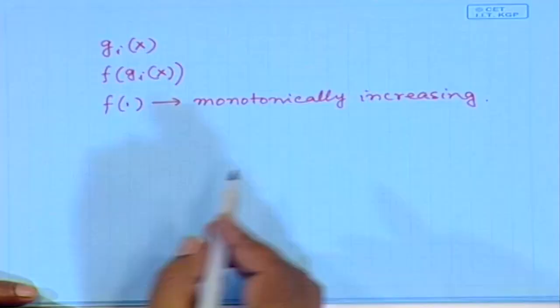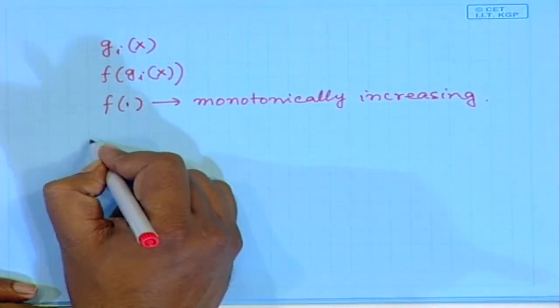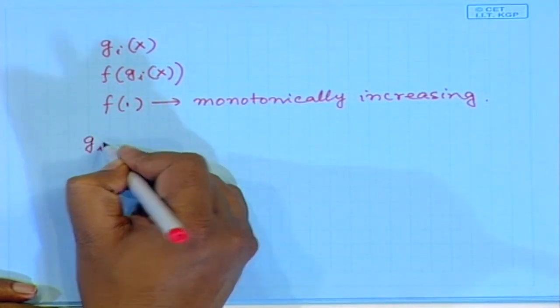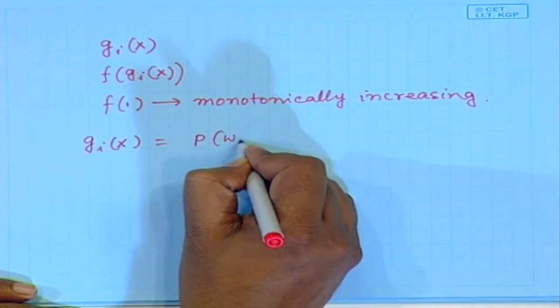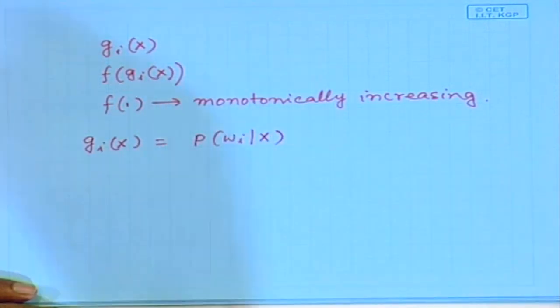Coming to a very simple example, the minimum error rate classification, we have said that g_i(x) is nothing but p of omega_i given x.